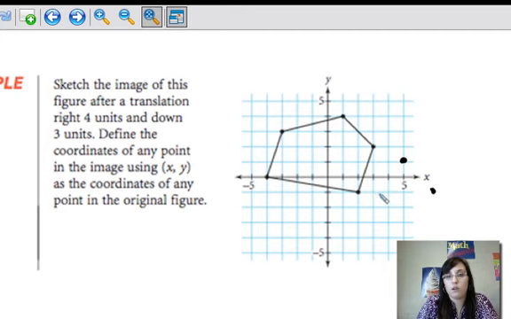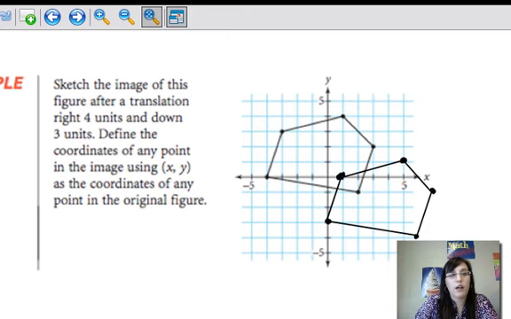This one over 1, 2, 3, 4, and down 1, 2, 3. This one over 1, 2, 3, 4, down 1, 2, 3. And the last point, 1, 2, 3, 4, down 1, 2, 3. And then take a line and connect here to here. It's that easy. You can just do it for each point.